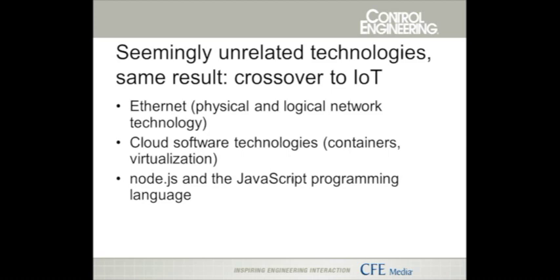And then the programming language that's used by mobile developers everywhere, JavaScript, and a new platform you may not have heard of called Node.js, which is revolutionizing server-side programming and is also making its way into client-side embedded programming, despite its origins as a web programming language.